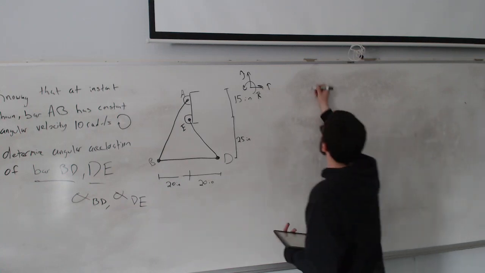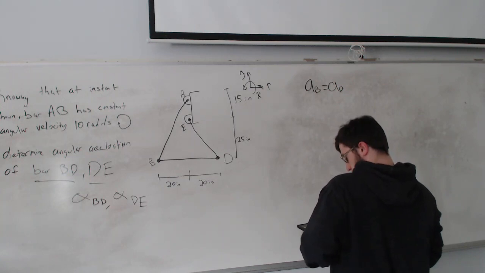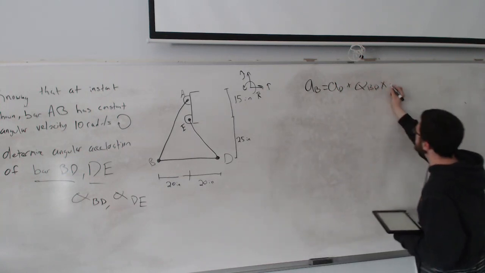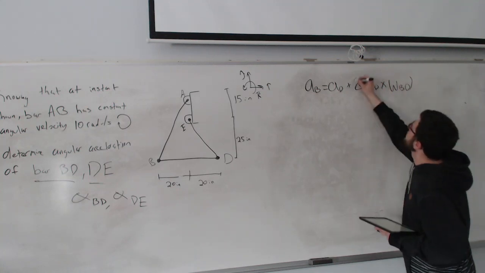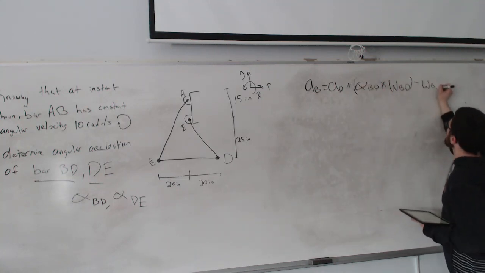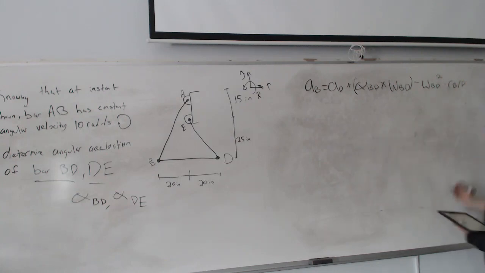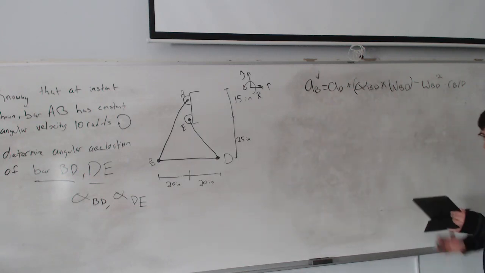All right, the first equation we started with: acceleration of B equals acceleration of D plus angular acceleration of BD crossed with alpha, or angular velocity of BD minus BD squared. When I first wrote this, we had so many unknowns, but I solved for this.